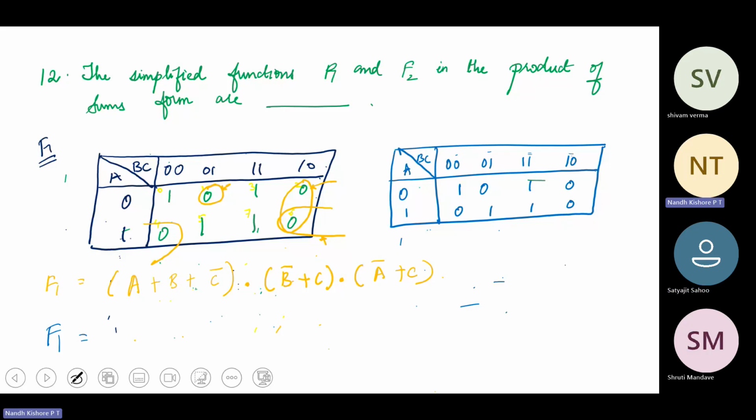Okay. So if we have to write it in sum of product form, you will be grouping ones together. So this and this together, this and this together, and this is the lone one which is separate.